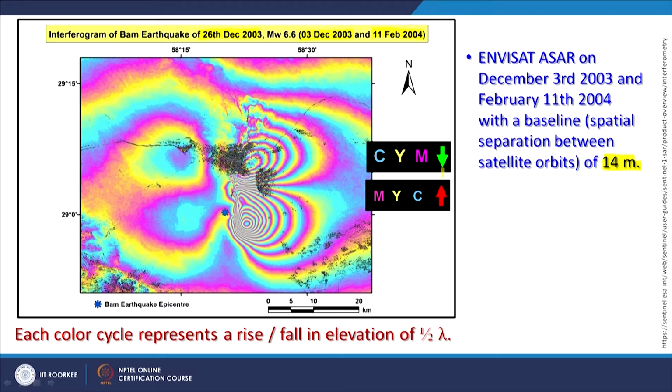And if the magenta, yellow and cyan pattern is observed, then it is upliftment. Now the question would be from where I should count, from outside or inside. So it is counted from inside.